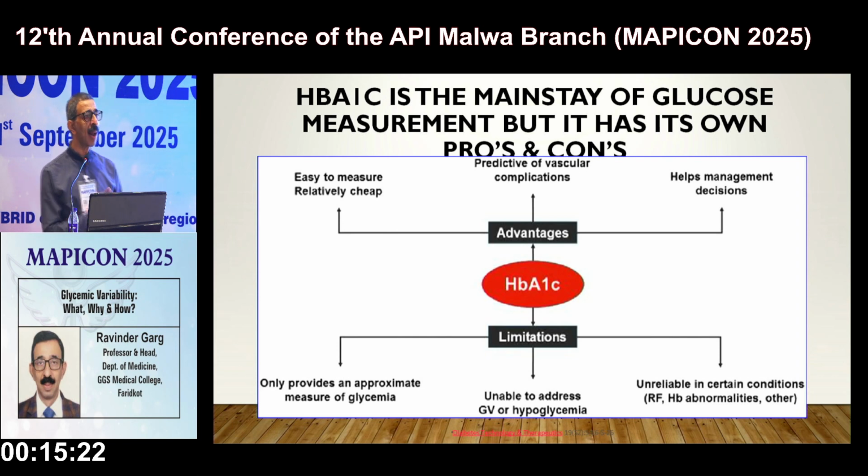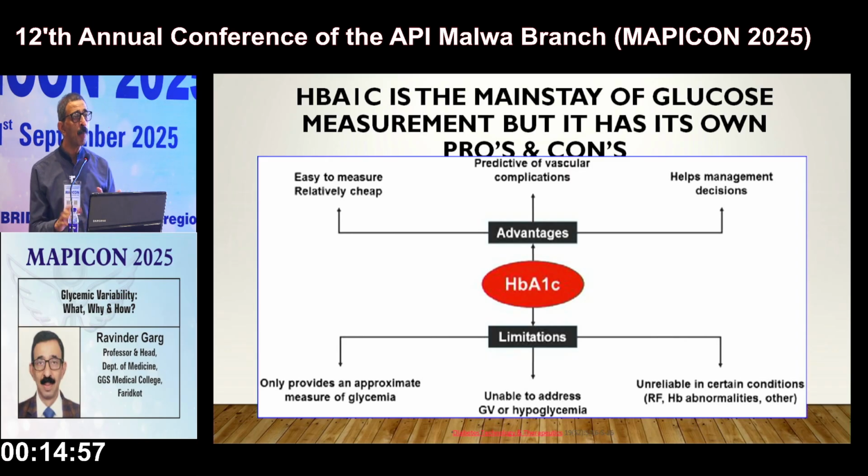But on the other hand, it has a lot of shortcomings and limitations. One, there are a few conditions where we cannot rely on HbA1c. The patient has renal failure, or the patient has some hemoglobin abnormalities. The second limitation is that it just gives us an approximate measure, just an average glycemia.